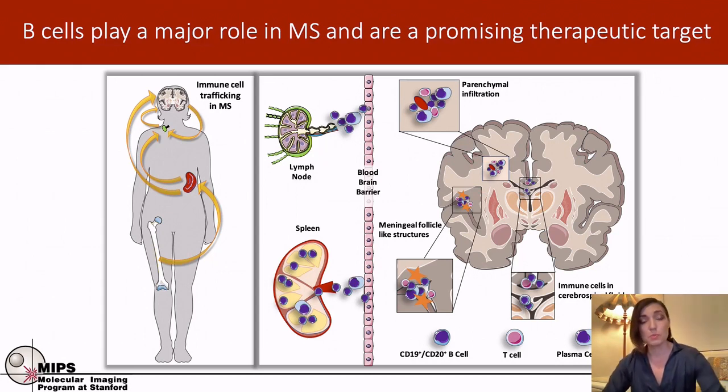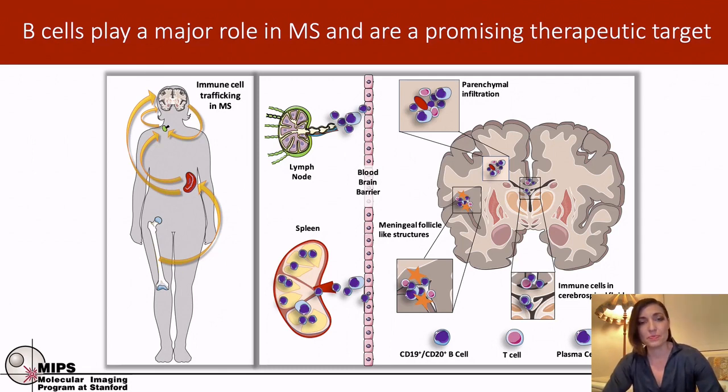And we also know from post-mortem studies that some people can have just a few of these follicle-like B cell clusters, and others may have 10 or 50, and some people might have hundreds. And they're really the people that we want to find and put on these sorts of therapies, because we believe they have a more B cell driven disease and could really benefit from having a therapy that will knock out a lot of the B cells.